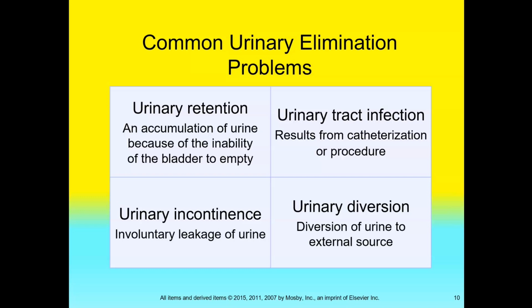Urinary incontinence is involuntary leakage of urine. And then there is urinary diversion of urine to an external source. That's what I was telling you about, patients who have had a bladder removed, which my father had. It was a cystectomy because of cancer.